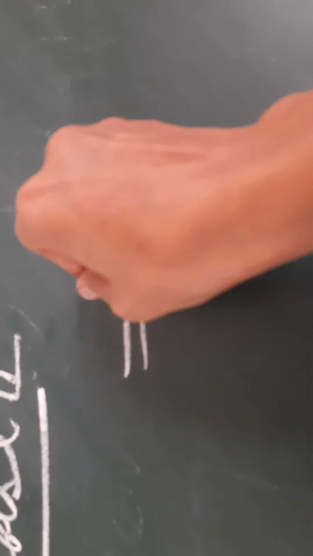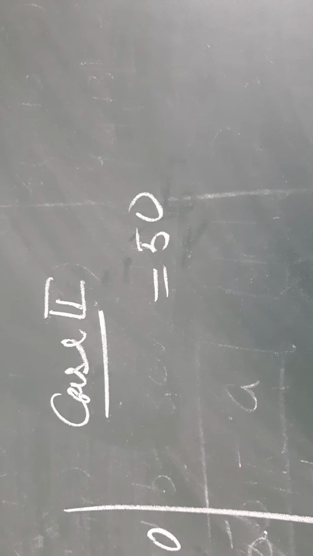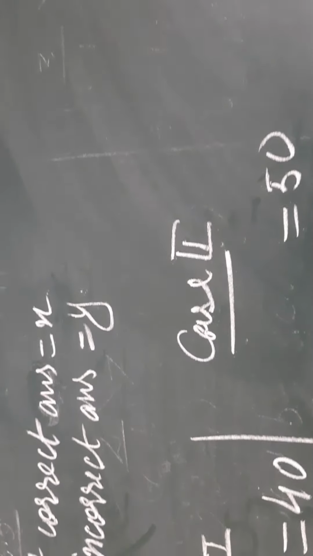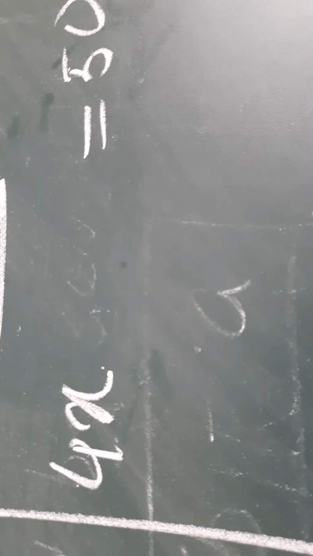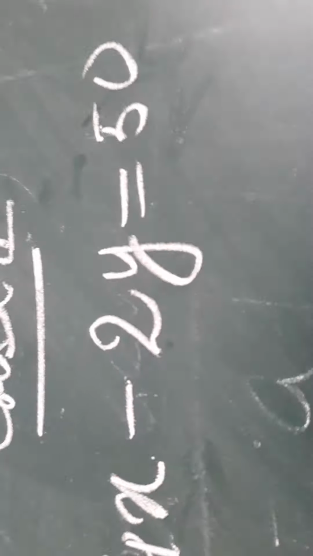Now in the second case, they said Yash scored 50 marks if he had been given 4 marks for each correct answer. If correct answers are x, then total marks for x questions is 4x, and 2 marks will be deducted for wrong questions, so minus 2y.